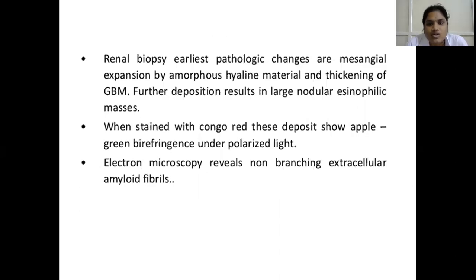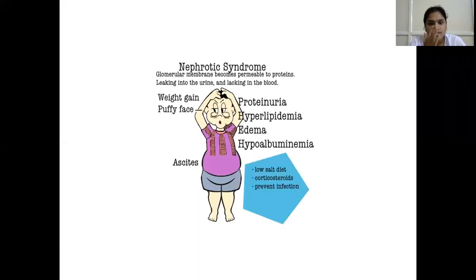In the renal biopsy, the early pathological changes are mesangial expansion by amorphous hyaline material and thickening of the glomerular basement membrane. When stained with Congo red, these deposits show apple green birefringence under polarized light. The electron microscopy reveals non-branching extracellular amyloid fibrils.